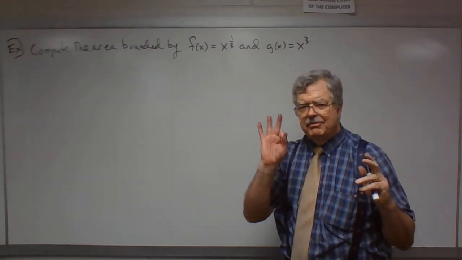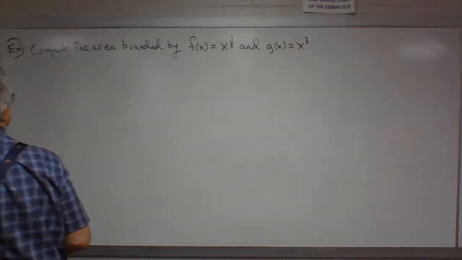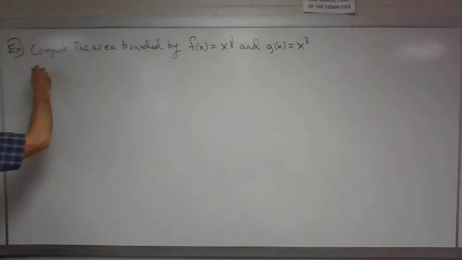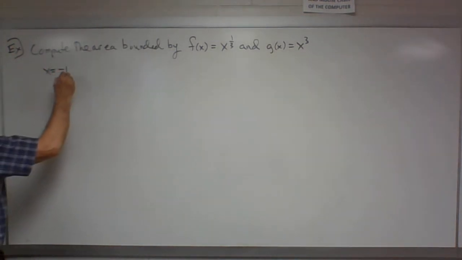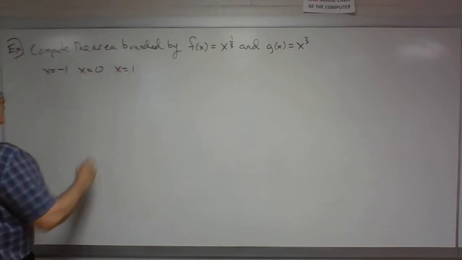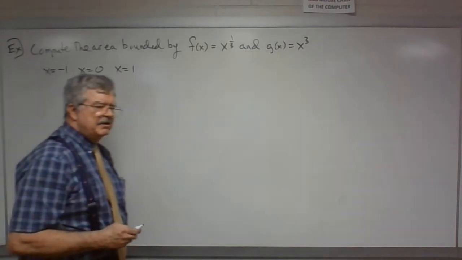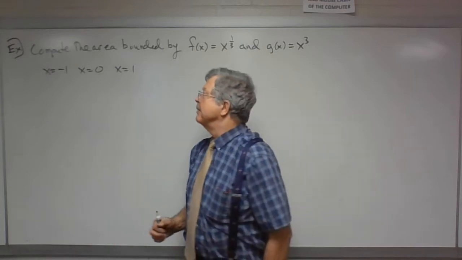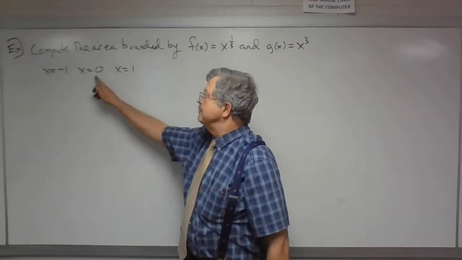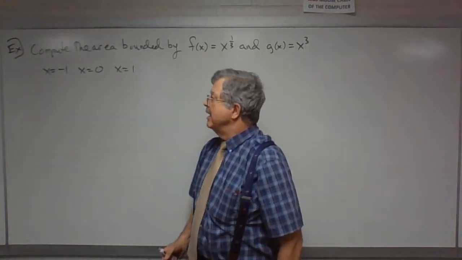There are 3 points that we want to check. X equals -1, x equals 0, x equals 1. X to any non-negative power is going to go through the points 0, 0, and 1, 1.